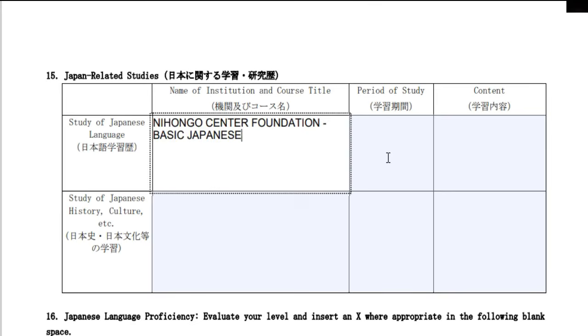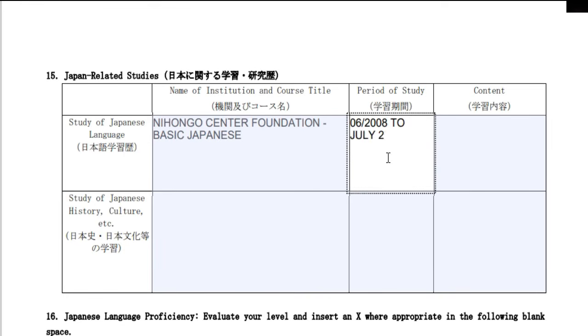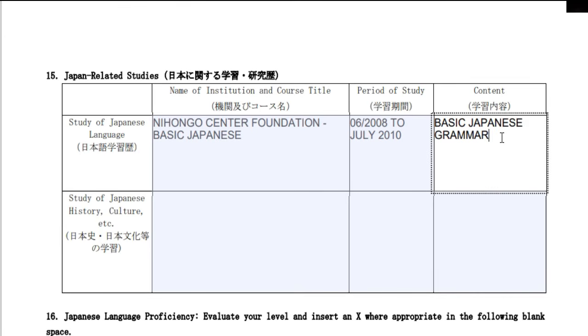And then period of study, for example, from June 2008 to July 2010. And then the content, say Basic Japanese Grammar, Kanji, and Reading. You can also write there JLPT preparation.